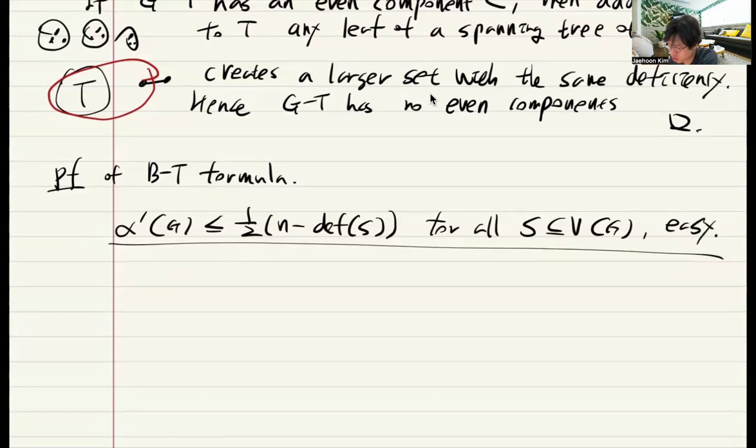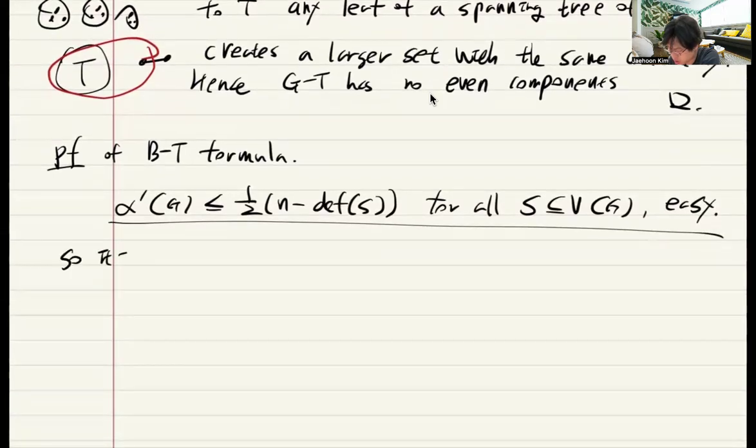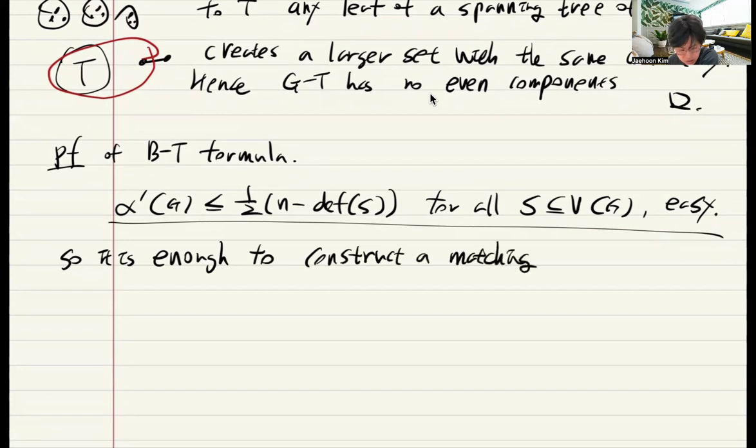So it is enough to construct a matching of size half of n minus the deficiency of G. Did we define the deficiency of G?